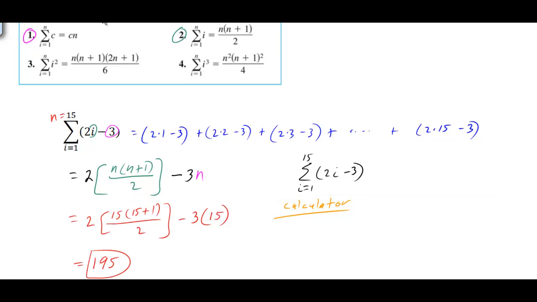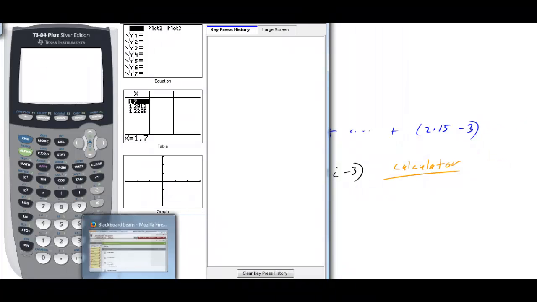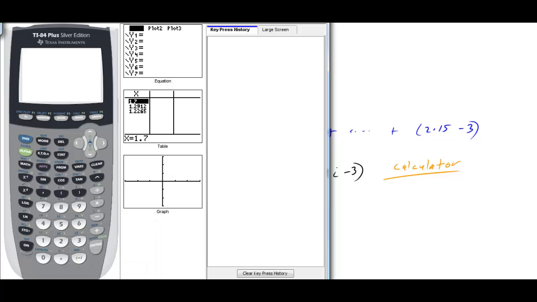So if we use the calculator, and depending on the type of calculator you have, the TI-83 or TI-84, there's a couple ways that we can do this. And for this example, the easiest way is if you have a TI-84 Plus, you may end up with something of this type.